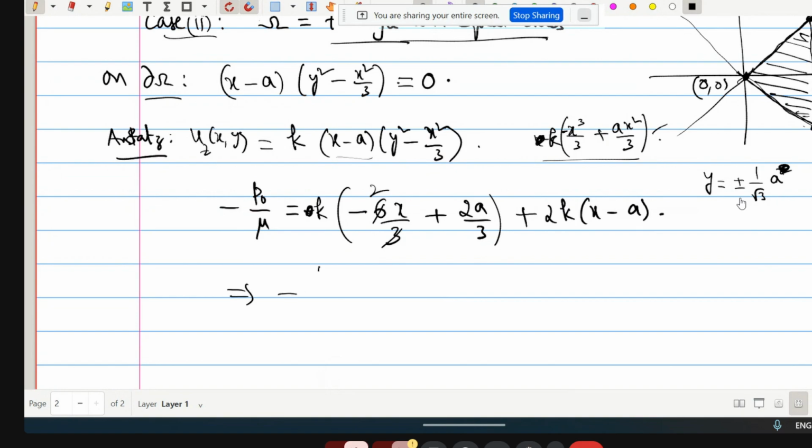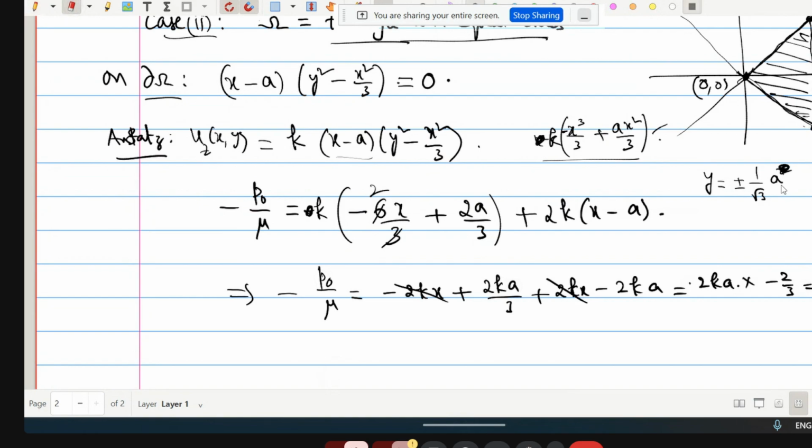So what you have is minus p0 by mu equal to minus 2kx plus 2ka by 3 plus 2kx minus 2ka. So this gets cancelled, and what you get is 2ka times (1 by 3 minus 1), that is minus 2 by 3, right? So we'll have minus 4 by 3 ka.